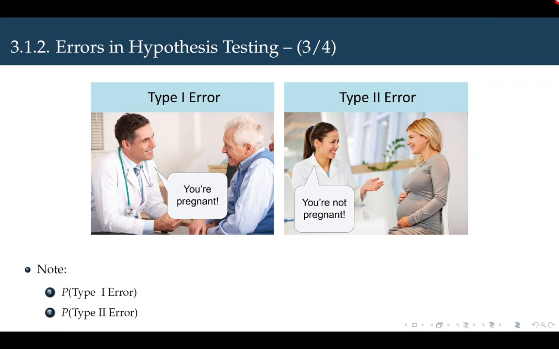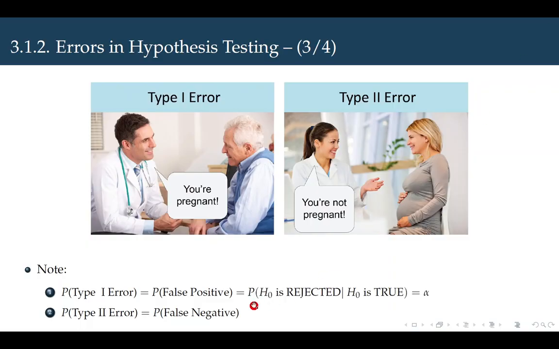Therefore, the probability of type 1 error, or the probability of rejecting a true null hypothesis, is nothing but the probability of false positive. And the probability of type 2 error, or the probability of not rejecting a false null hypothesis, is the probability of false negative.